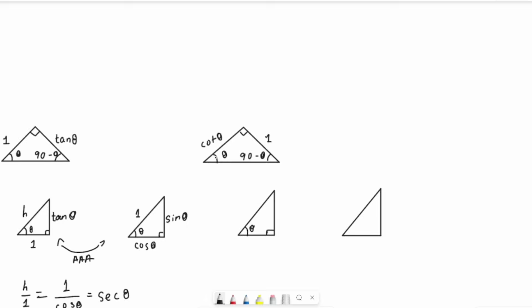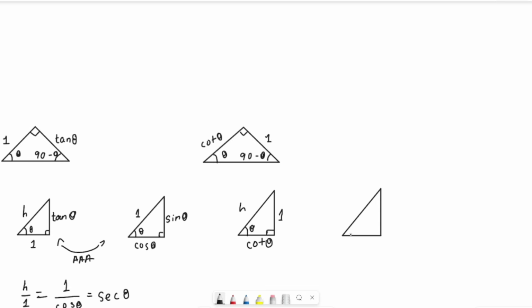And notice here that cot theta is the adjacent to theta. So I can write cot theta over here. And this one is the opposite. So now I have a triangle with the base as cot theta and the opposite as 1. So I'll assume the hypotenuse is h.